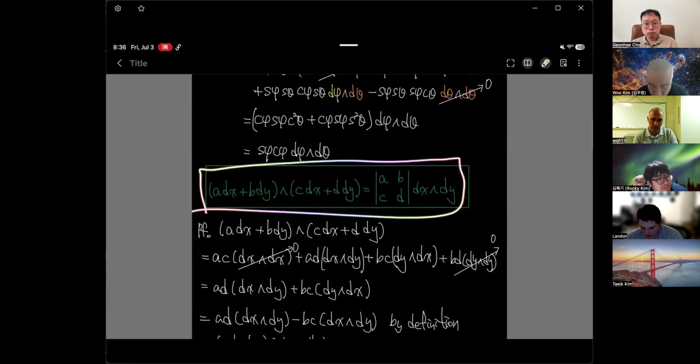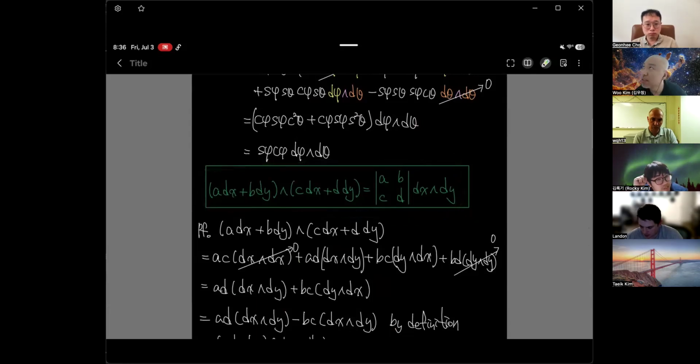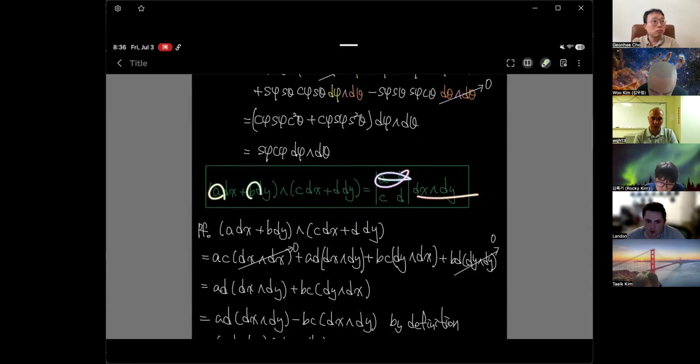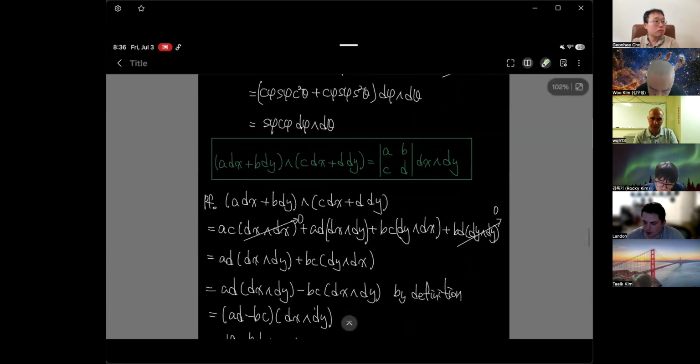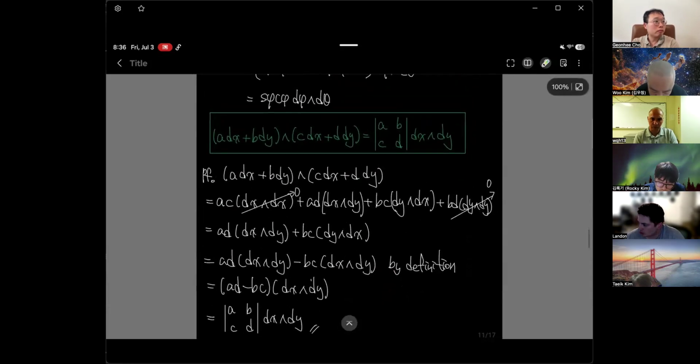We can get a basic result for the wedge product: a dx plus b dy, wedge c dx plus d dy, equals the determinant with a, b on the first row and c, d on the second row, times dx wedge dy. So let's prove this one.